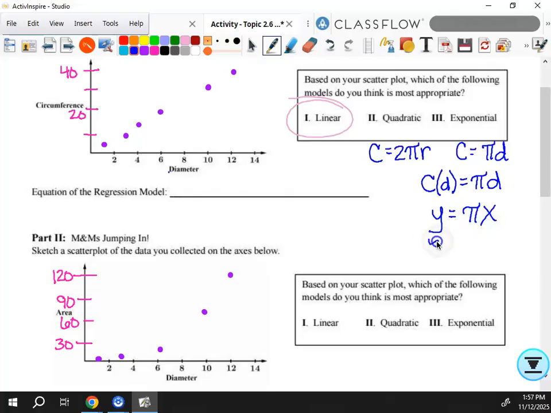Then when I look at this as an equation that I could graph, what kind of equation is that? It's linear, because it's y equals m times x, and then my b is just 0, right? My slope here is pi. Does that make sense? So this is a linear equation, therefore I know for sure that it is linear. Okay, we good with that?